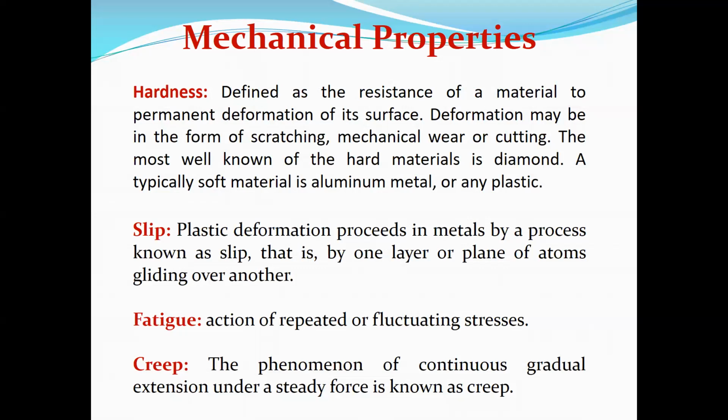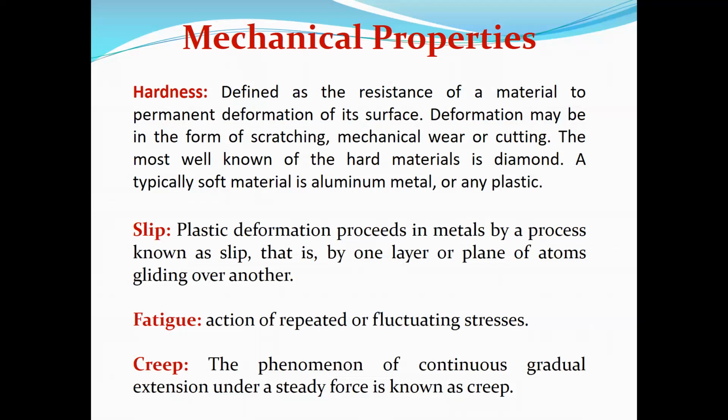For example, if you take a material made of steel and try to scratch it, or try to make a cut, if the material is hard, it becomes very difficult to make an impression on the material, that means to make a deformation. Or some materials may be used in some industrial plant, where they're subjected to mechanical wear and tear.